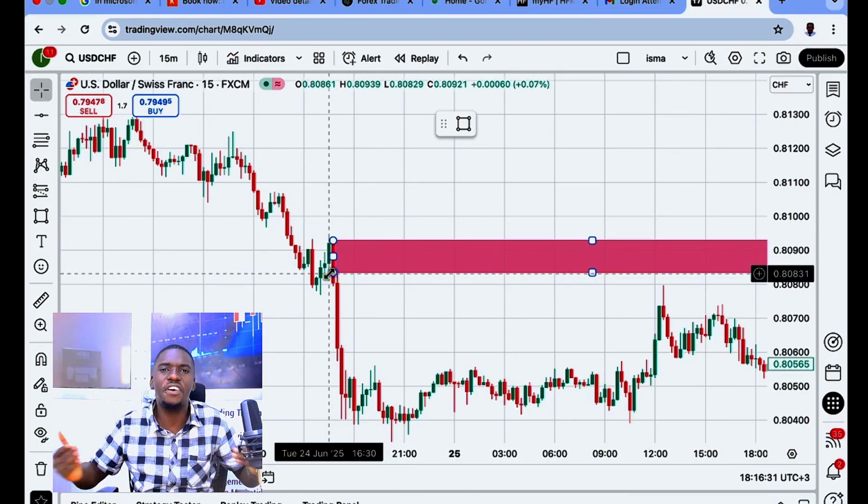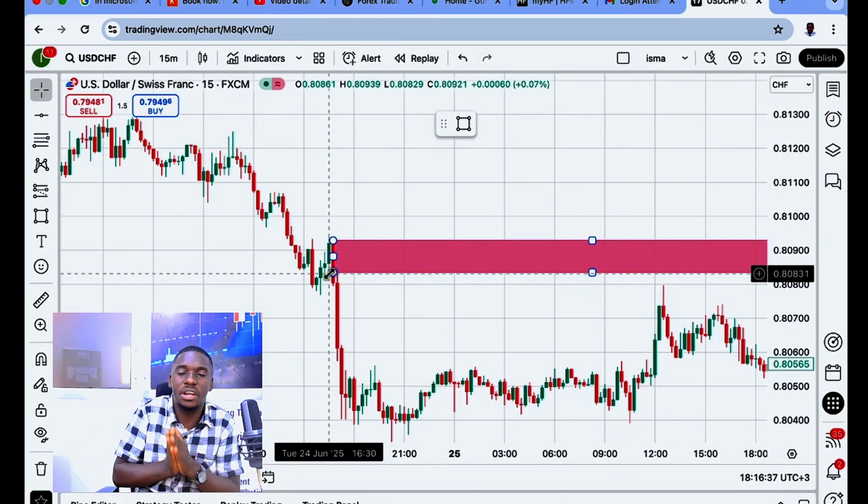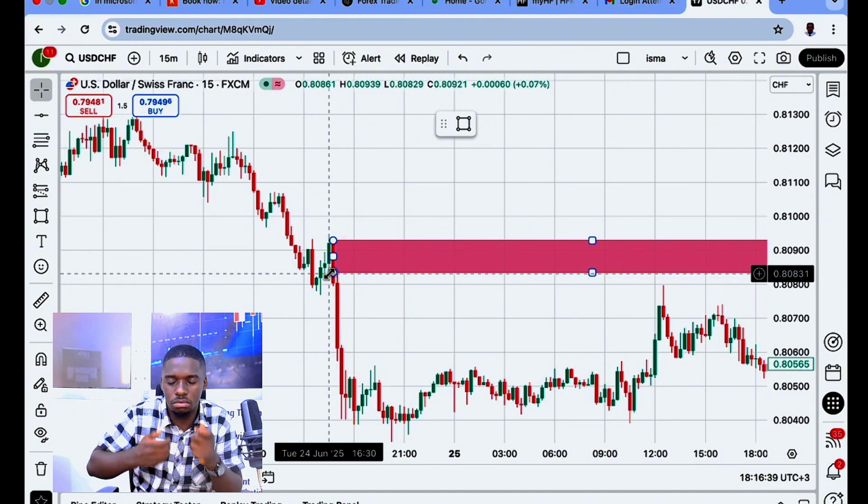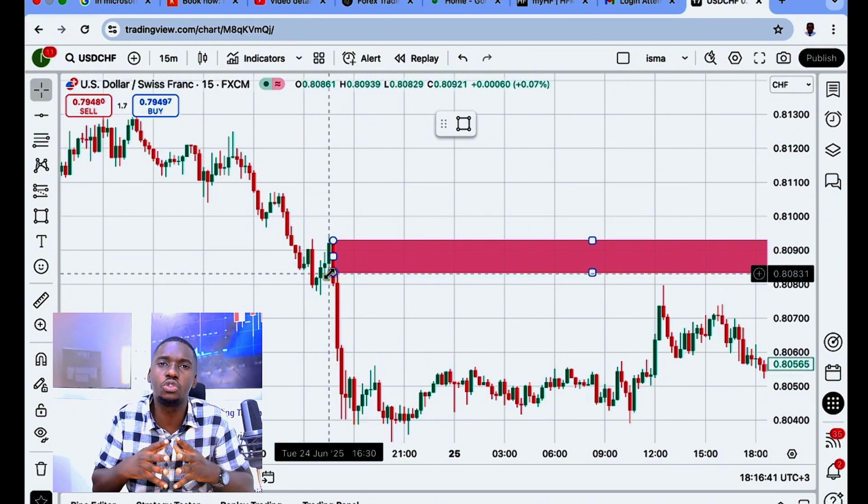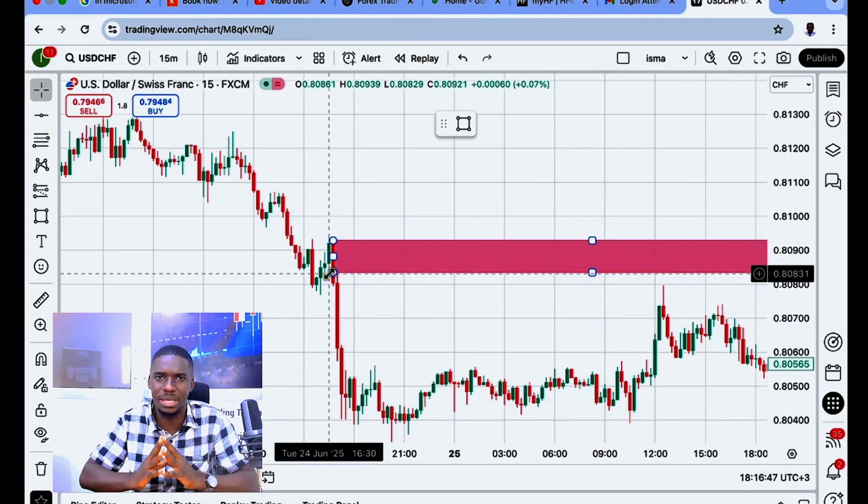So there are things that should be in place. The things you need to observe when you are using an order block is the sharp movement that significantly proves the existence of the smart money.